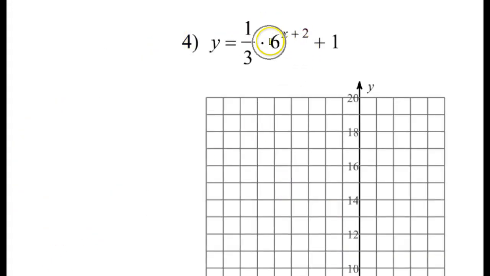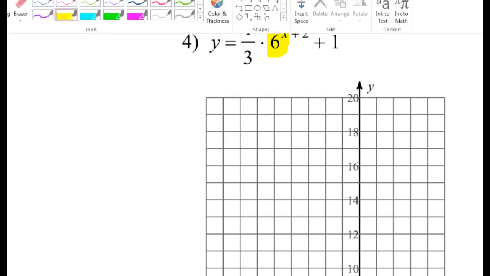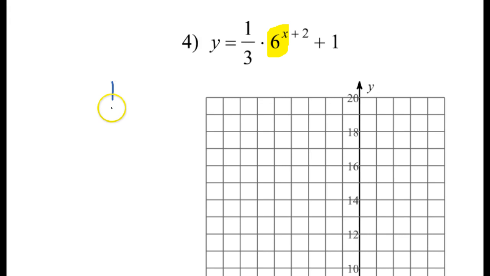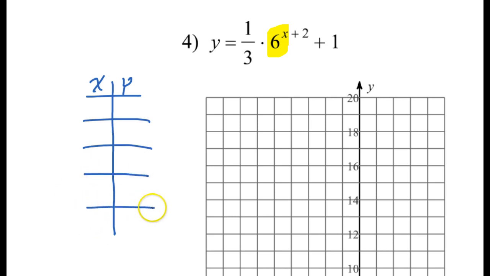Again, the first thing we will do is make a table of values just for the parent function, y equals 6 to the x power. Okay, and for the x values, we will do -2, -1, 0, 1, and 2.